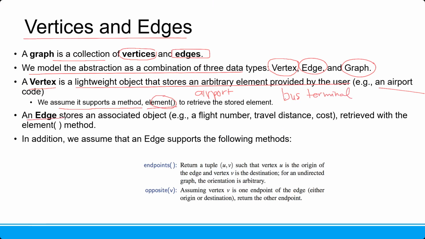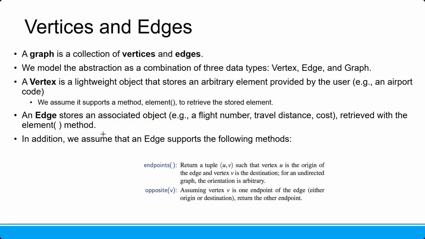An edge, it stores an associated object. So we learned from the previous example, we can have a flight number. So flight number from Gimpo to Busan using the Korean Air. Maybe we know KE. KE is the code indicating Korean Air, and maybe there is a number, maybe 005, for example.